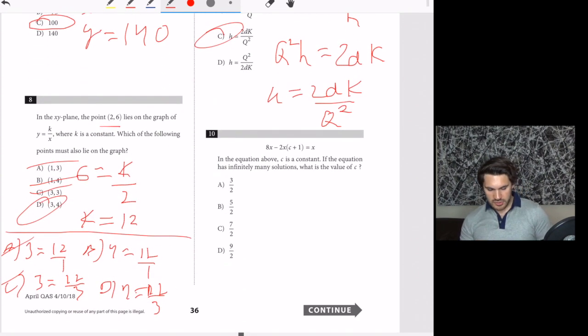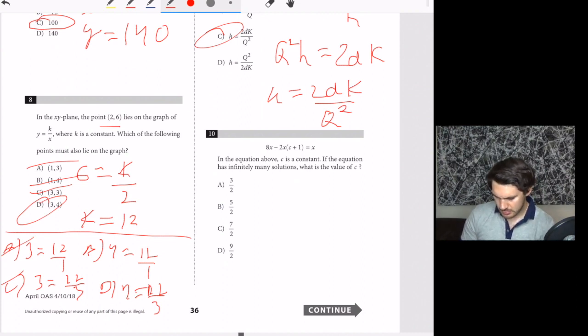Number 10, the equation above. c is a constant. If the equation has infinitely many solutions, what is the value of c? Oh my. Well, here's the deal. If the equation above has infinitely many solutions, it means that both sides of the equation have to be equal. So let's try doing some stuff. What can we do here?